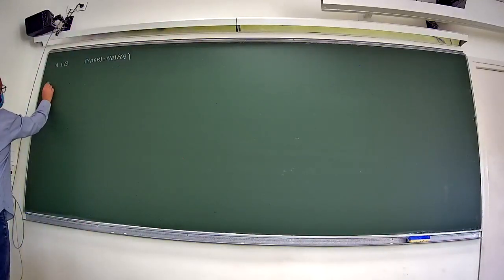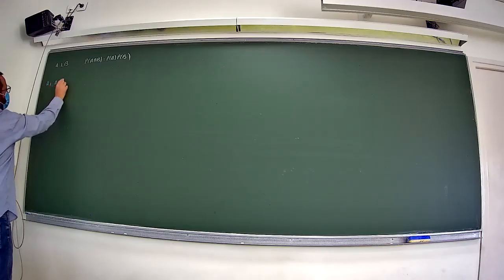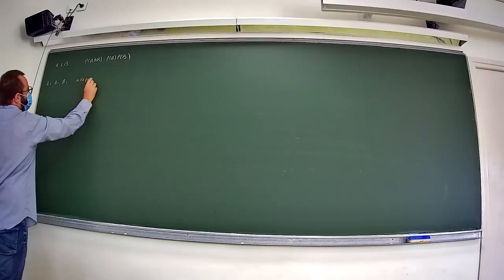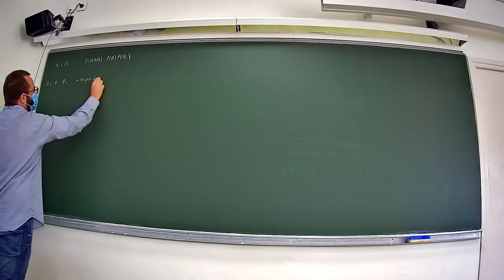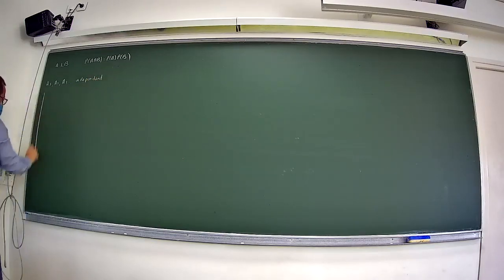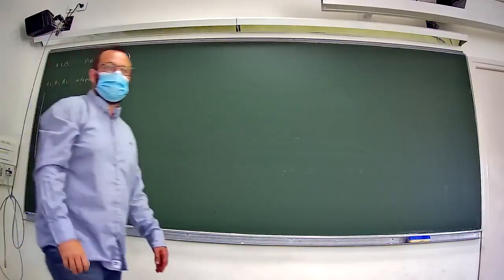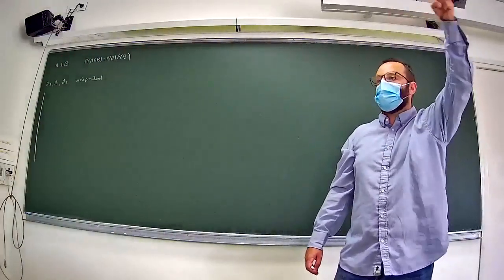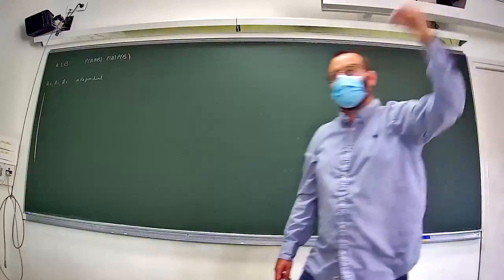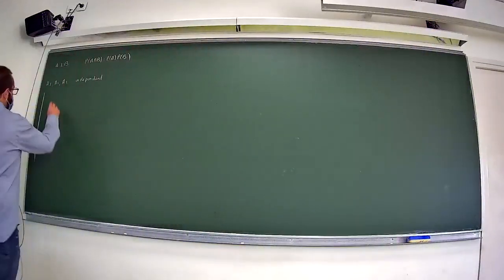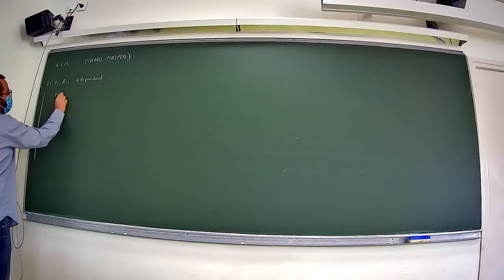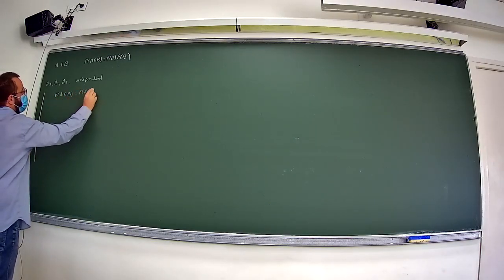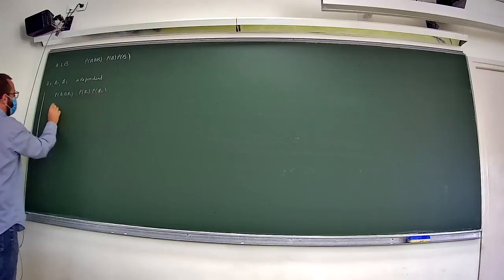So I remind you of this: when you have 3 sets, we say that 3 sets are independent if, in fact, several conditions hold. Independence for 3 sets doesn't only mean they are independent 2 by 2; it is something stronger than this. So we have the independence 2 by 2, that is P of A1 intersected with A2 has to be equal to the product of the probabilities.